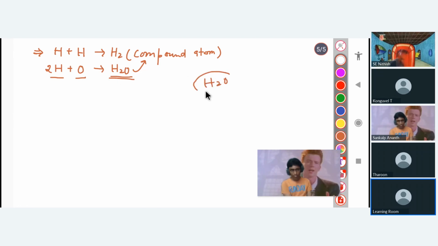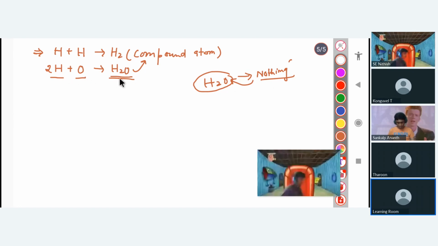Creation means you create this water from nothing. When there is nothing and you are just producing water from that, that means creation. You are creating from nothing. But here it is just a combination reaction. It is not created. You are converting these atoms to this compound atom.